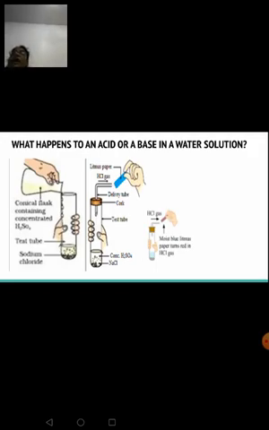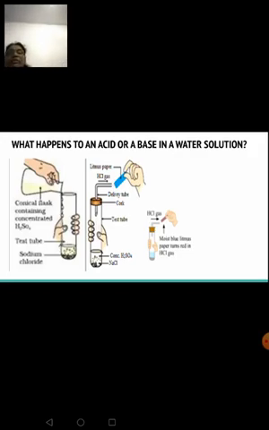So acids will show their acidic behavior only in the presence of water. When the blue litmus paper was dry, we know that HCl is acid by nature, but it is not exhibiting its acidic property because water was not present. They will show their acidic property only in the presence of water.